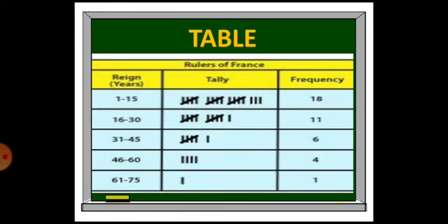For instance, if you look at the table that we have here, we have rain years between 1 to 15. We have 18 as the frequency. 16 to 30, 11 as the frequency. 31 to 45, 6 as the frequency. 46 to 60, 4 as the frequency. 61 to 75, 1 as the frequency.